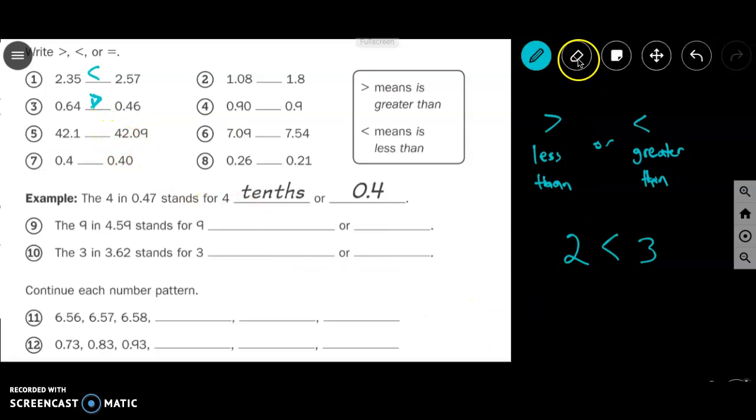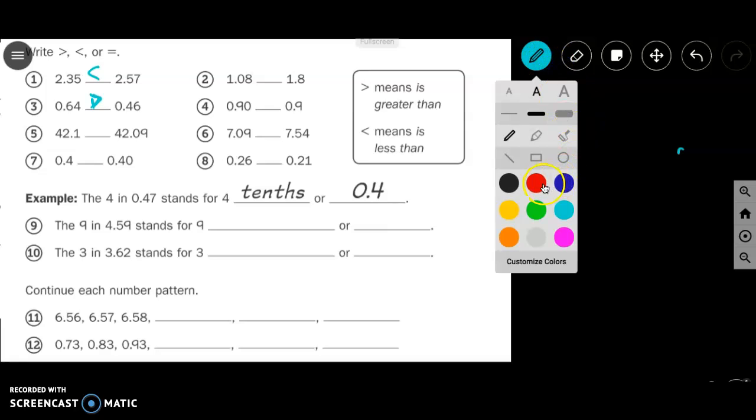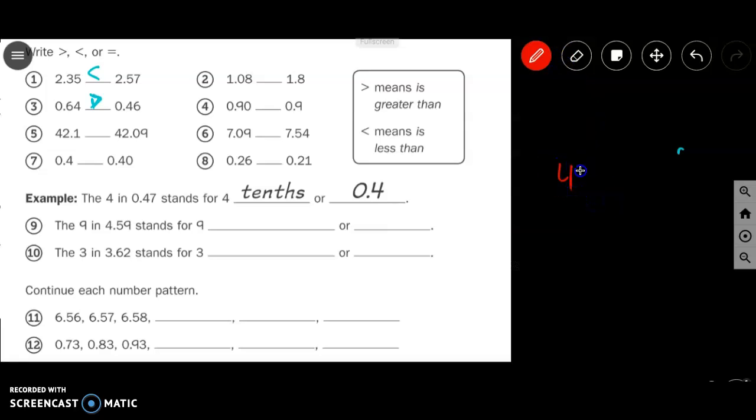All right, now we have a situation where we have 42.1 and 42.09. Okay, now we see there's some similarity, right? We got 42.1 and we got 42.09.